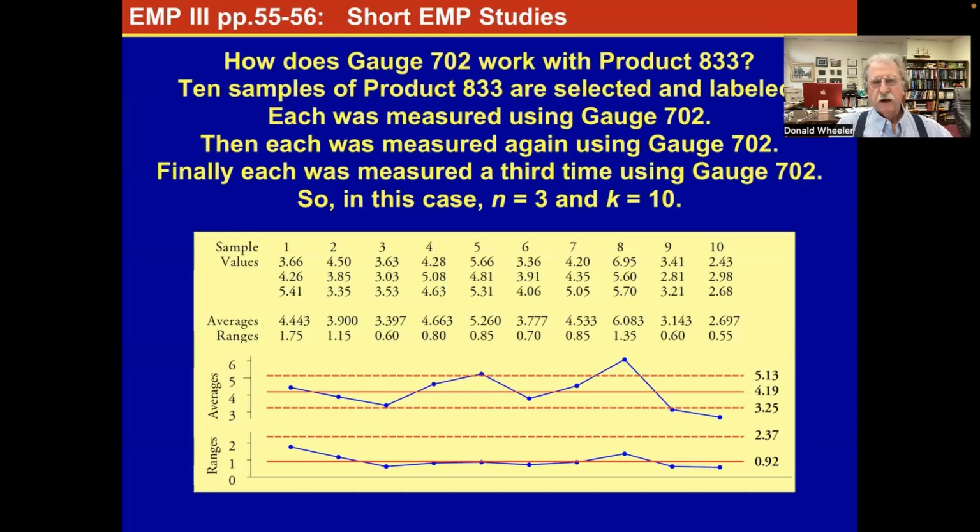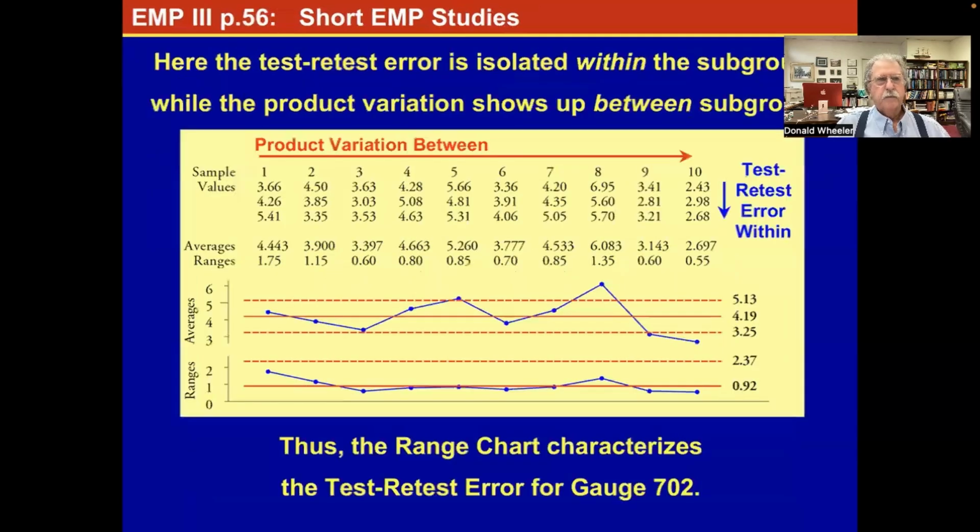There's nothing magic about subgroup size 3. Quite often you'll see we're using a subgroup size 2. It's a choice. So here we have our average and range chart for this short EMP study. Here, the retest error is isolated within the subgroups.